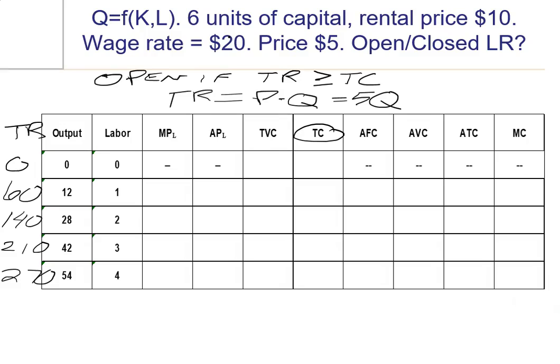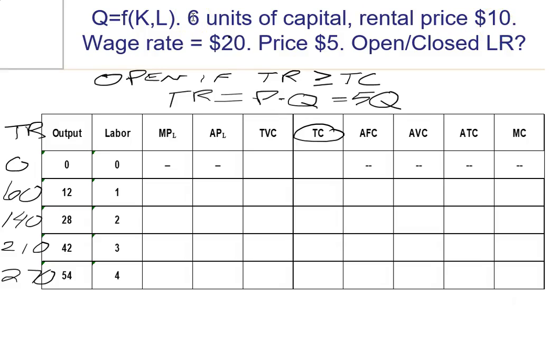There is a separate video where all of these cost boxes are completed, and a different video where we discuss how to complete these average and marginal productivities of labor. See those videos if you want more details. But your total cost, in brief, how do you calculate these? This would be your fixed cost, and you are paying your rental price of $10 each for each of the 6 units of capital.